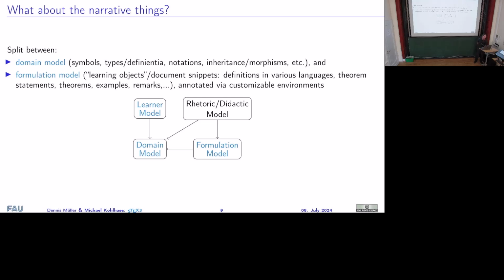They can use the domain model however they want, and you can share those, but you can also change those without having to introduce your own symbols from scratch every time again. So much about the formulation model and the domain model. I don't know what the rhetoric model is in contrast to the formulation model.